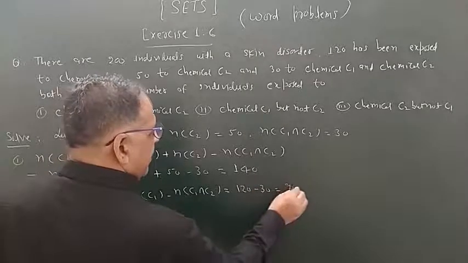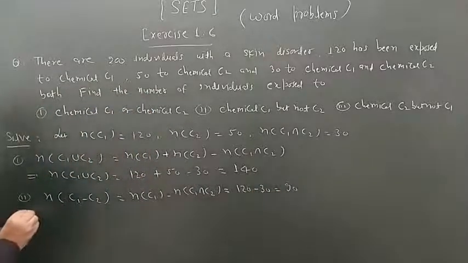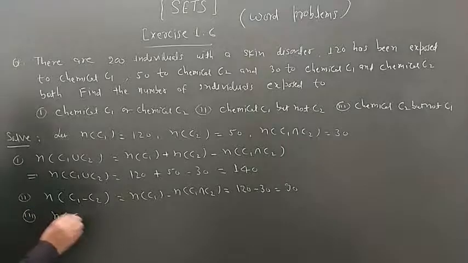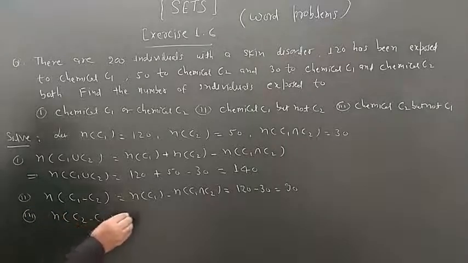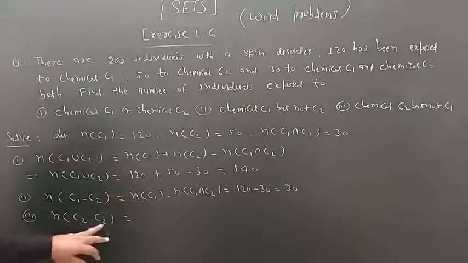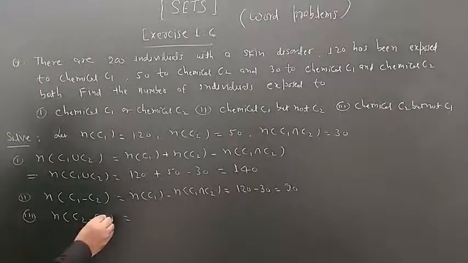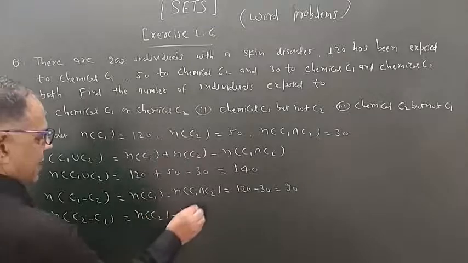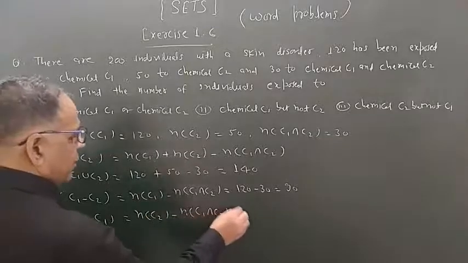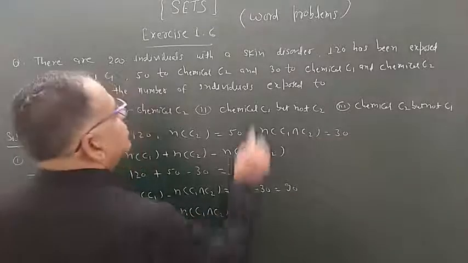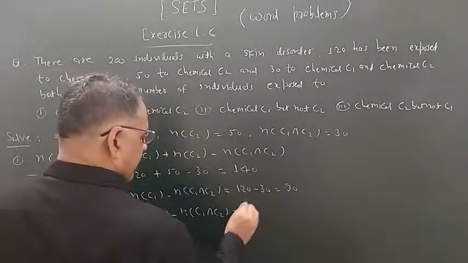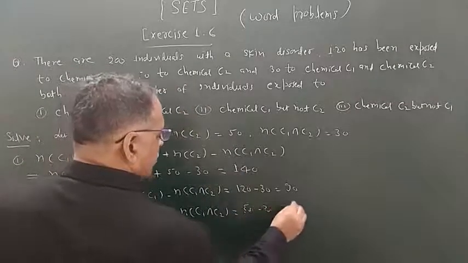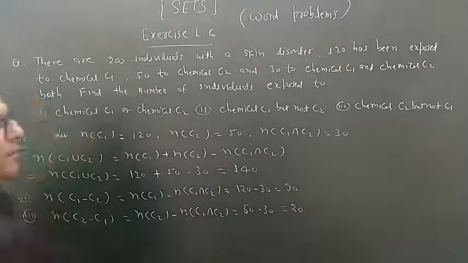So these are 90. And third part, n(C2 minus C1), individuals exposed to chemical C2 but not C1. So apply n(C2) minus n(C1 intersection C2). So this is n(C2), which is 50, minus 30. So these individuals are 20.